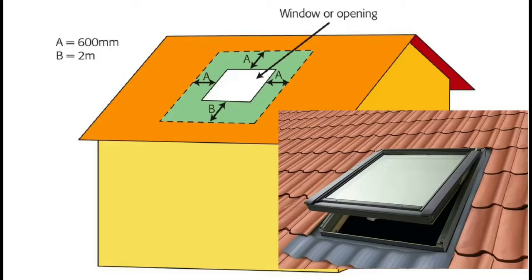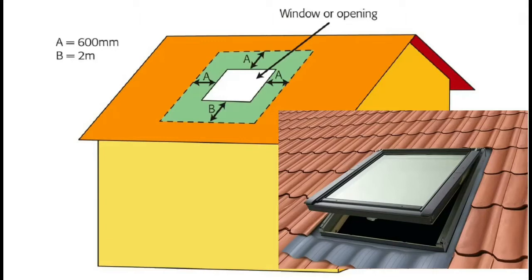However, the big restriction is below the window. Now, you're not allowed to place a terminal nearer than 2 meters below a velux window.